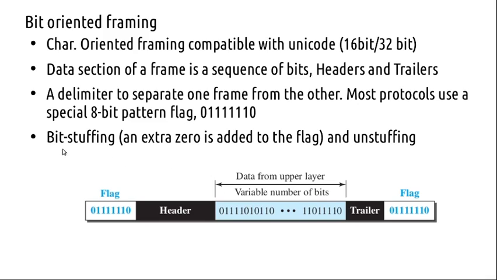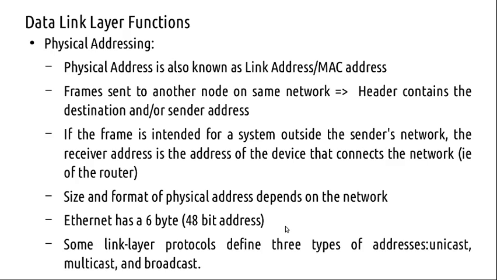This process is called bit stuffing, and the reverse one is called bit unstuffing. Okay, so this reverse process is called bit unstuffing. So again, you have this second function of the data link layer, which is called physical addressing.